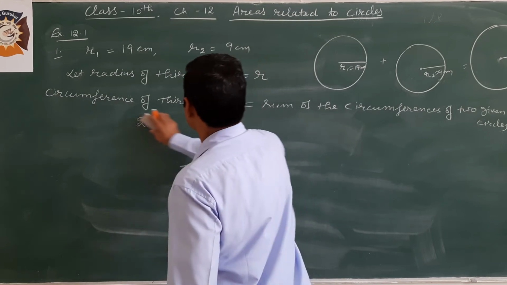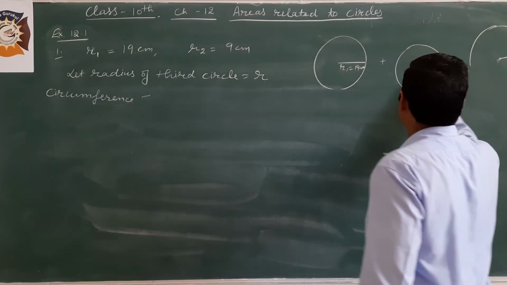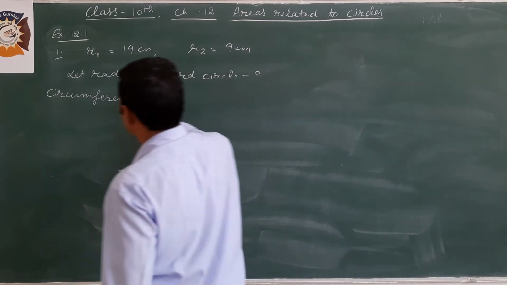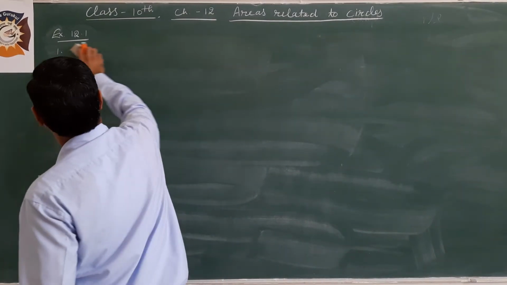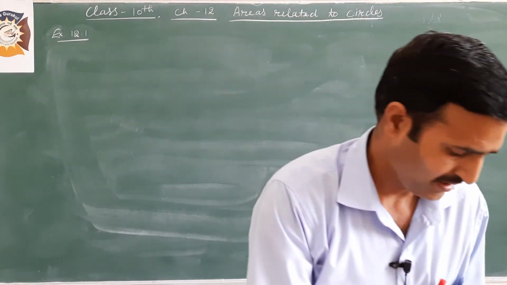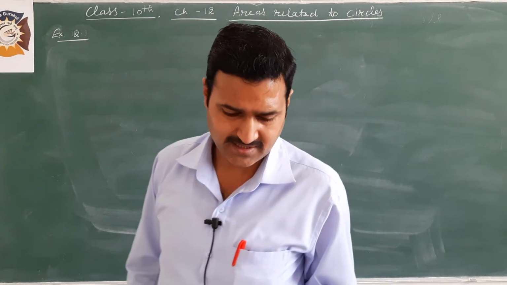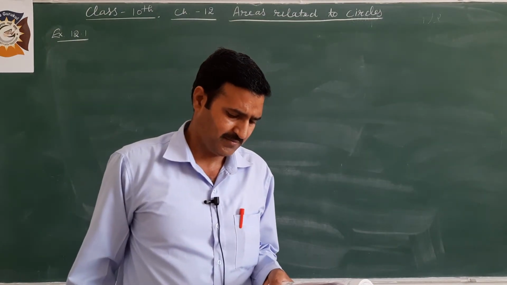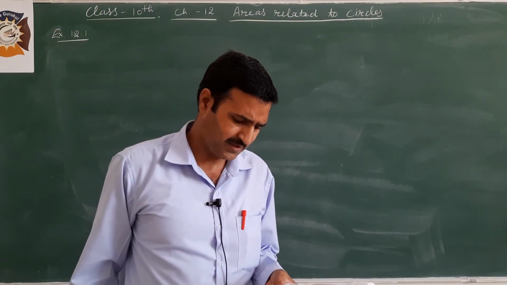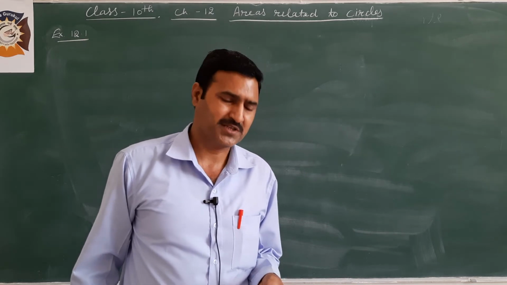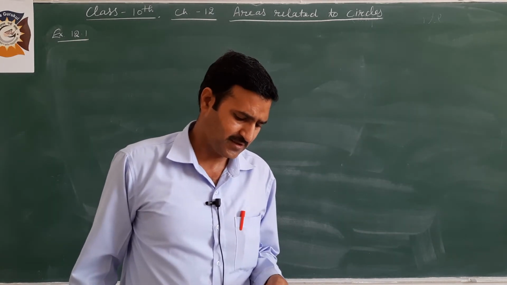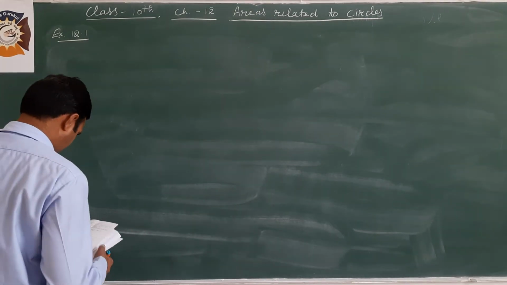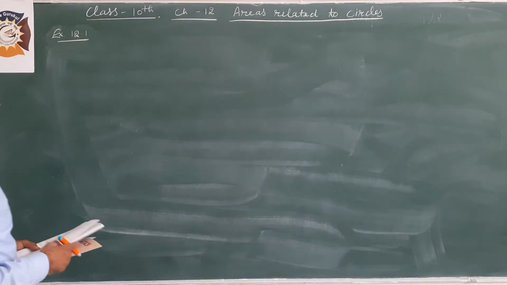Now I will explain the third question. In this third question, figure is given. In figure, an archery target marked with its 5 scoring regions from the center onwards outwards. इसके सेंटर से लेकर बाहर की तरफ 5 रीजन्स दिए हुए हैं.